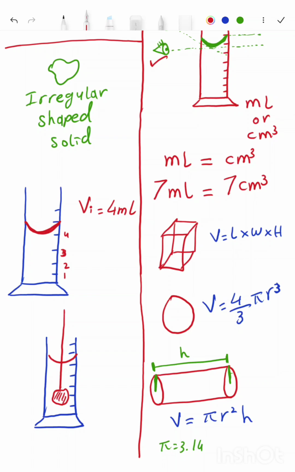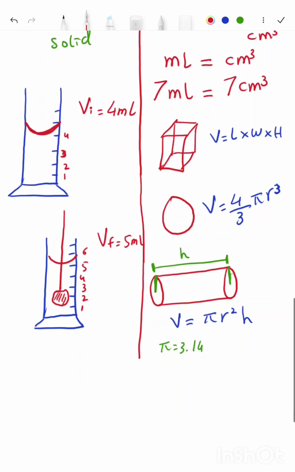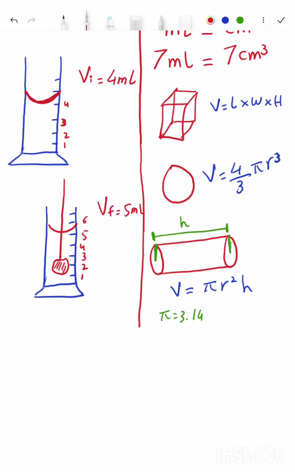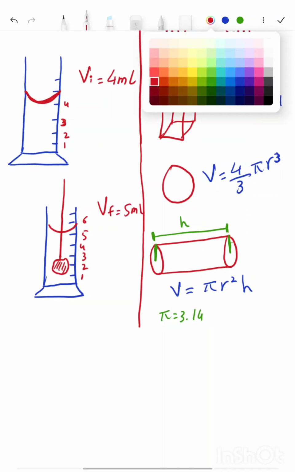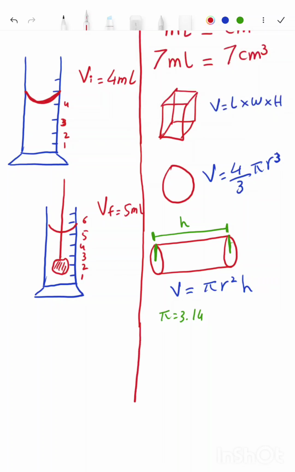So what's the new level here? The new level will be maybe 5 milliliter. So the final volume of the liquid is 5 milliliter. The rise in the water level is basically the volume of that irregular shape object.